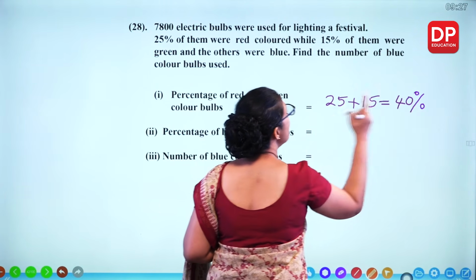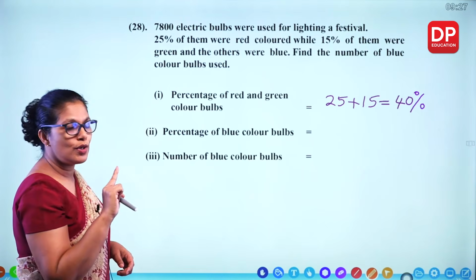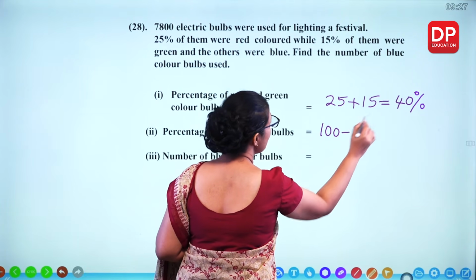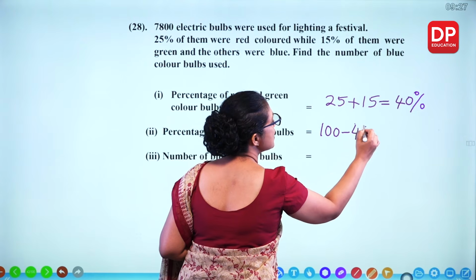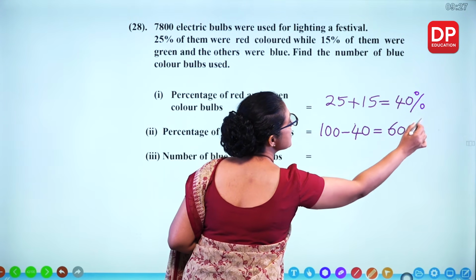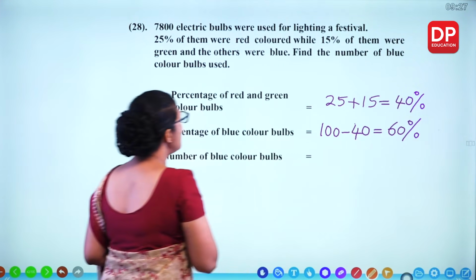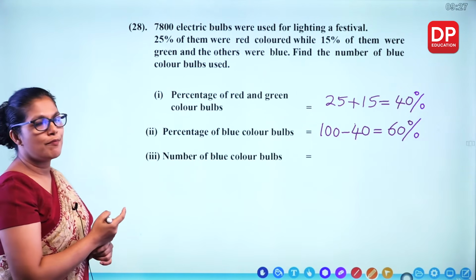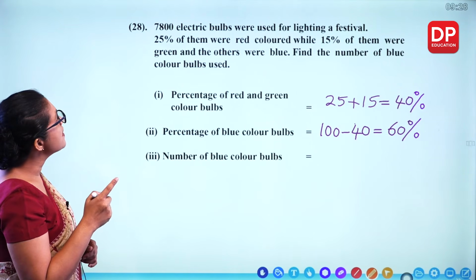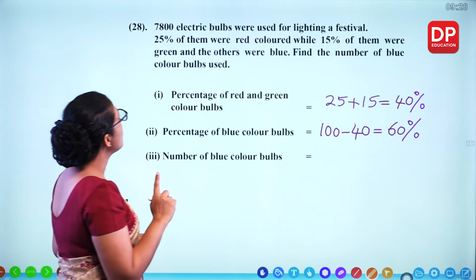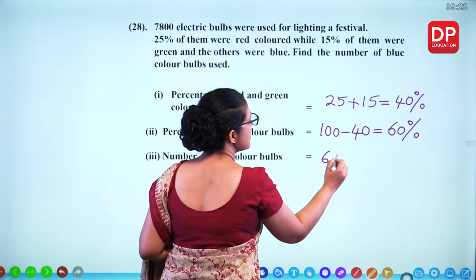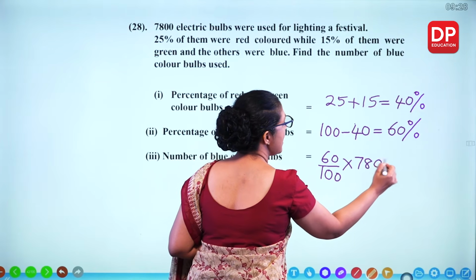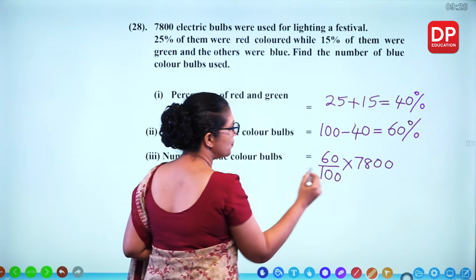So what's the blue ones? The rest are blue. That means 100 minus 40. That's 60%. That's blue color bulbs. Number of bulbs now, 60% of 7,800 bulbs are blue.